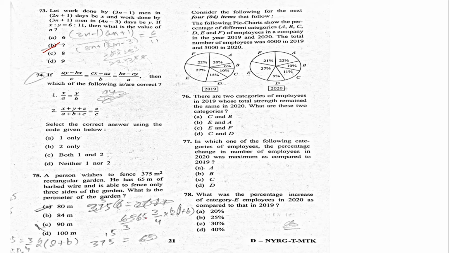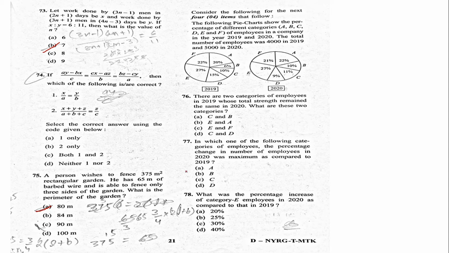So we can say that 3/4 of the perimeter of our garden is 65. So from there, using this, we will calculate the perimeter, which will come out to be 2 into, means 80 as the right answer. We will get 80 as the right answer by calculating it.